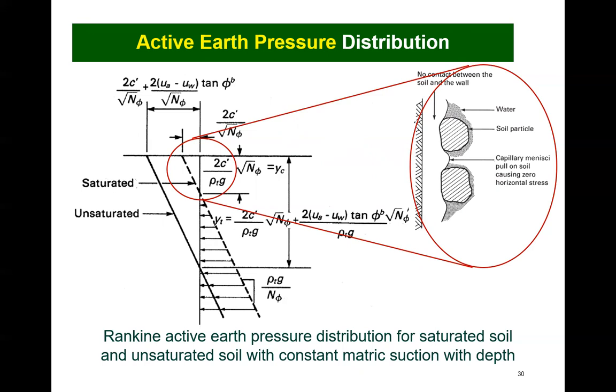The uppermost portion of the pressure distribution shown in white here indicates the portion where there is no contact between the soil and the wall. The figure also shows that the non-contact portion of the soil against the wall increases as matrix suction in the soil increases.